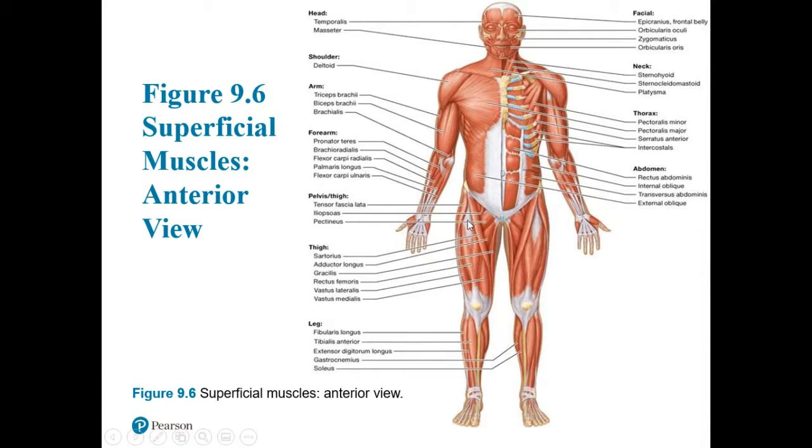Okay, so again, origination on the upper end of the femur, and then insertion on both the patella and also the tibia and the fibula bone of the lower leg, to allow for that extension. Right? So we call it extension of the leg.